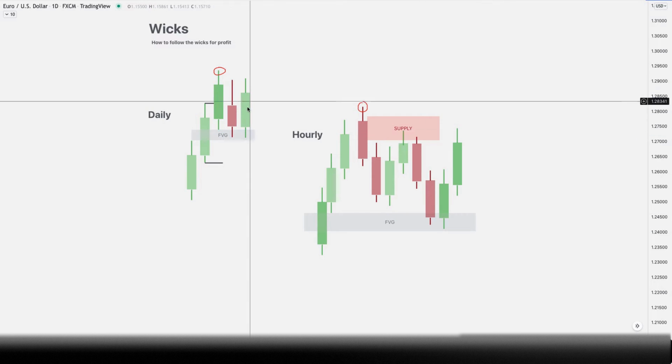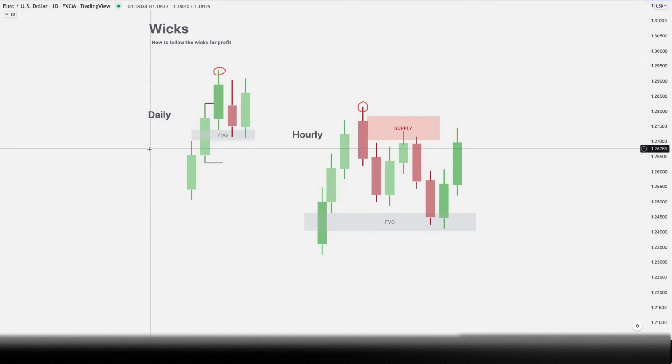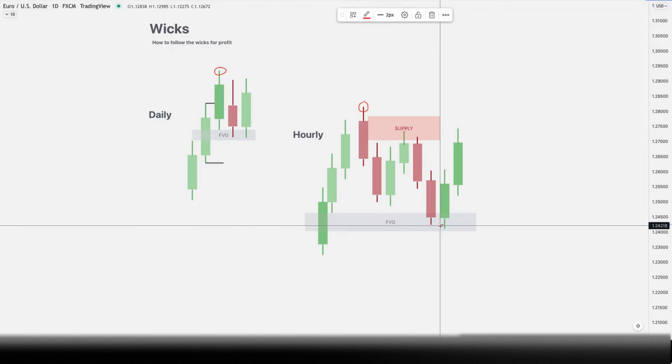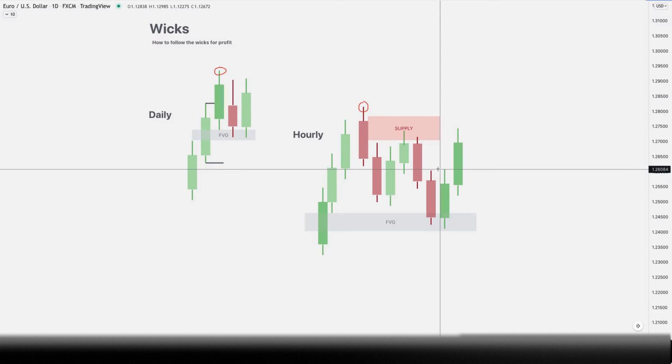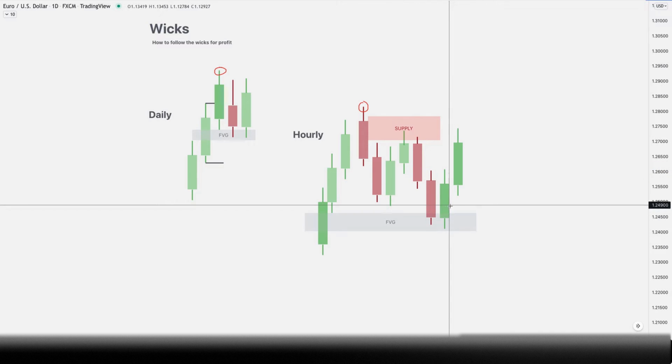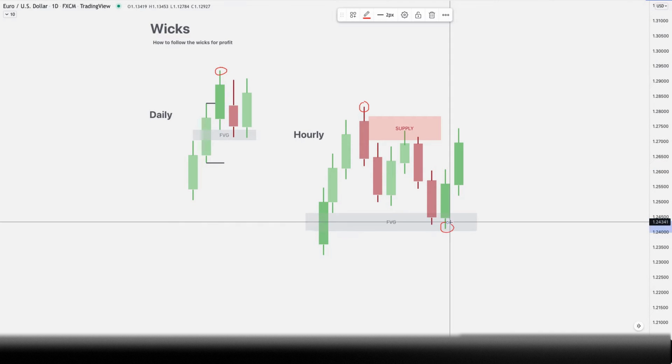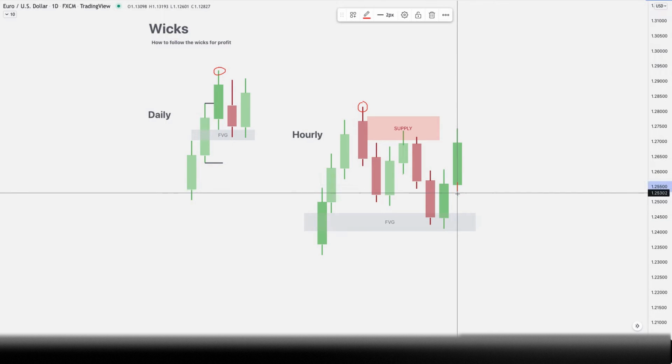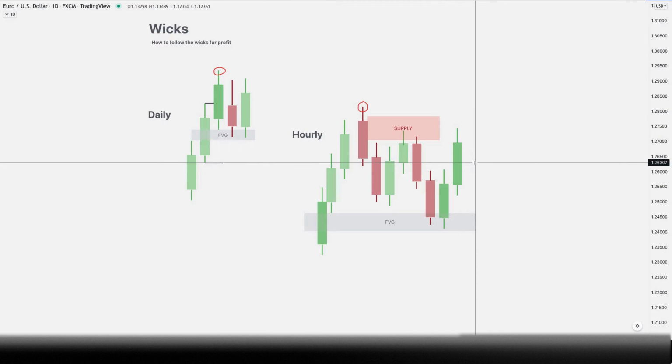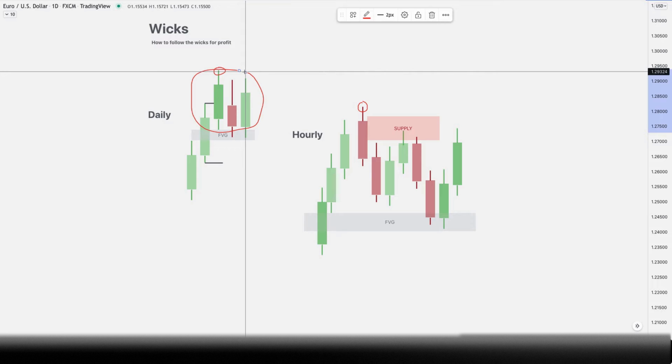This would be this movement on the 1 hour. And what would this be? This would be your liquidity that took out this low. It then took out your high, which means this is now your strong low, and you can now look for your retracement to buy on the higher time frame.